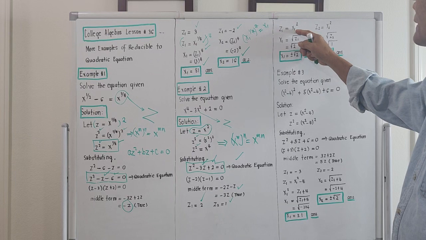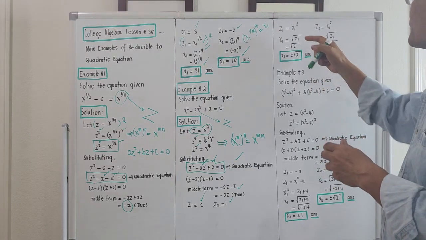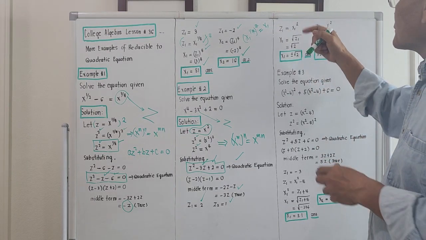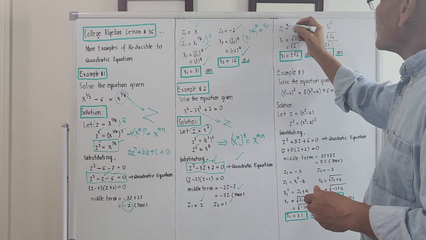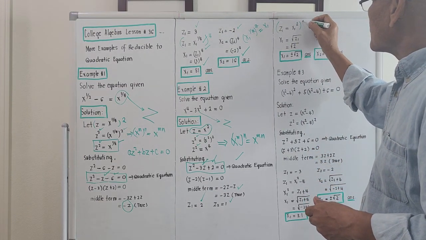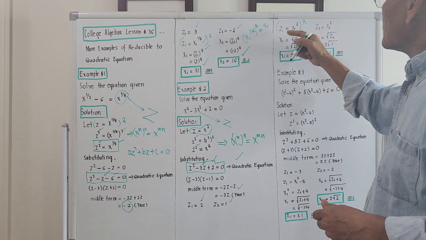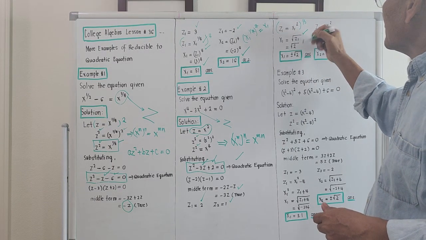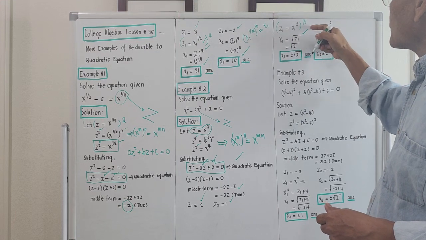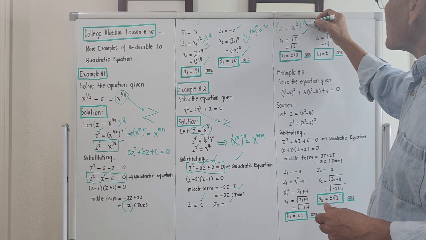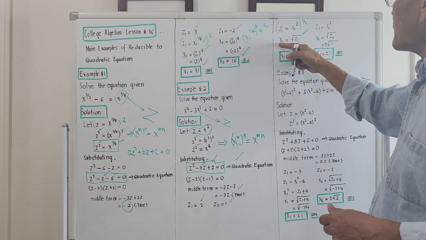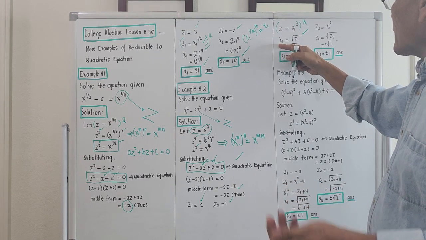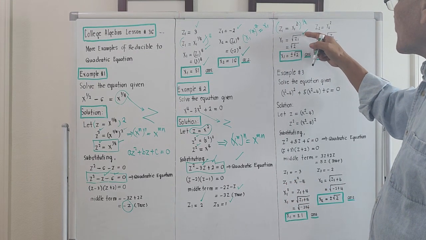So to compute for x, we have to eliminate this 2 here. And to eliminate this 2, we raise both sides of the equation to the 1/2. So z1 raised to the 1/2 will be the square root of c1, and x1 squared raised to 1/2, these 2 here cancel with this. So it will now just be simply x1. So x1 will just be simply the square root of c1.